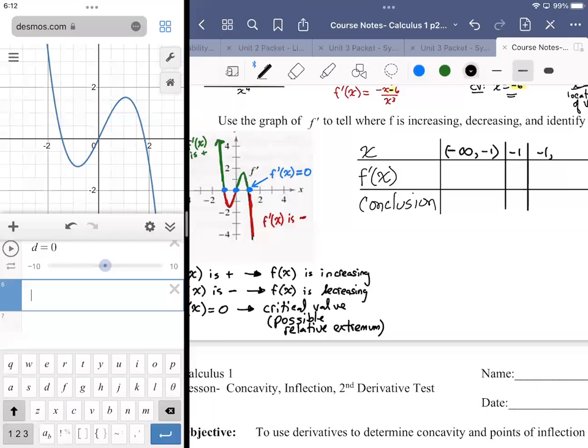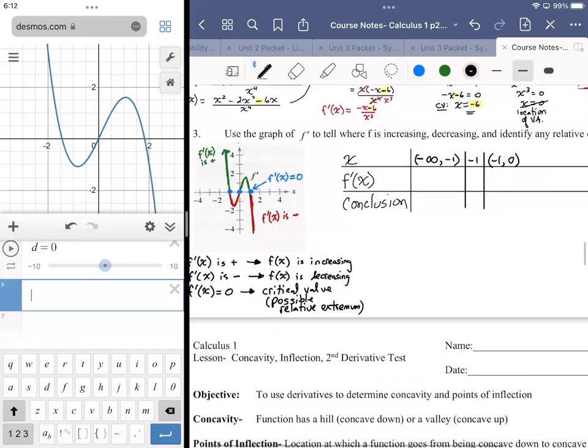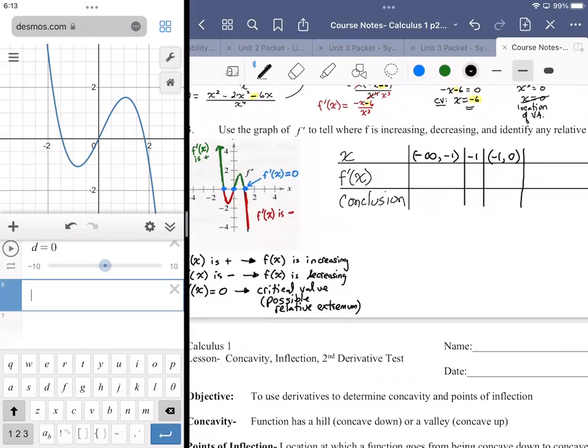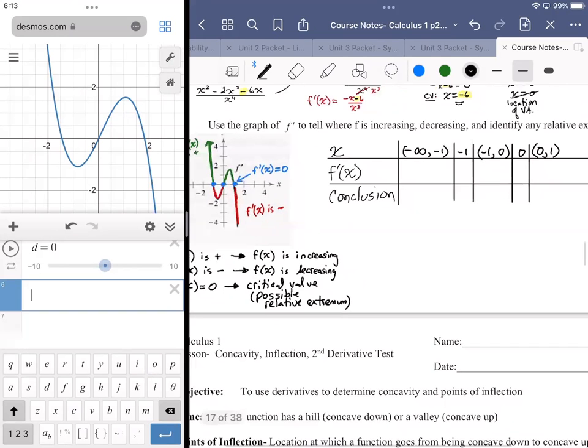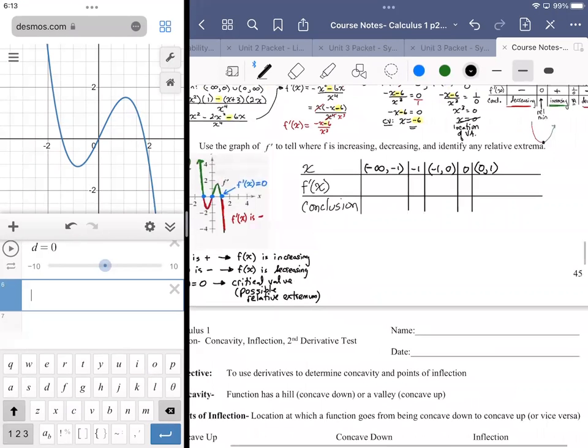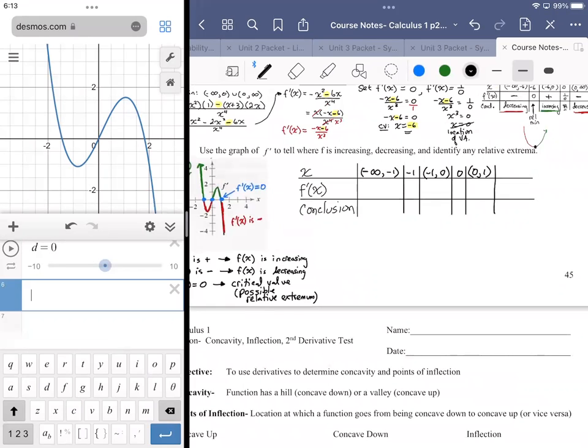I'm sorry, -1 to 0. That would be my second blue point. Then 0 to +1 would be my third blue point. We'd stop at 1 to draw a conclusion there.